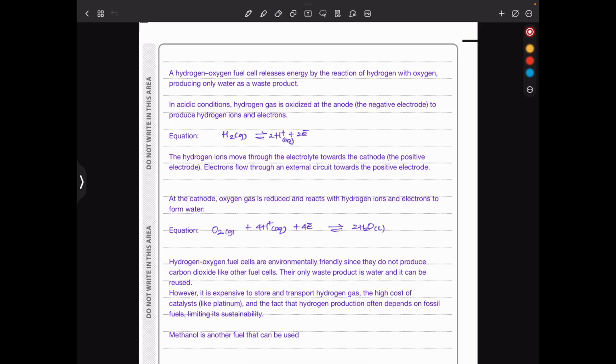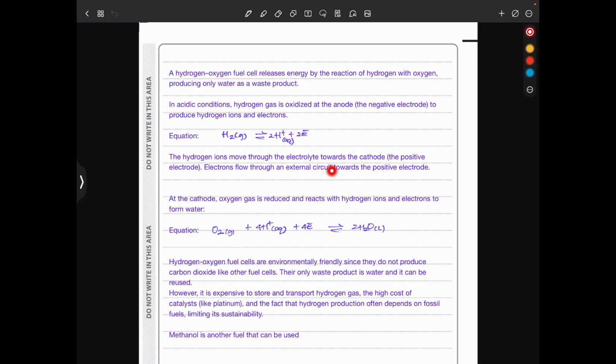So I said, a hydrogen-oxygen fuel cell releases energy by the reaction of hydrogen with oxygen, producing only water as a waste product. In acidic conditions, hydrogen gas is oxidized at the anode, which is the negative electrode, to produce hydrogen ions and electrons. The equation is here. And then the hydrogen ions move through the electrolyte towards the cathode, meaning the positive electrode, and electrons will flow through the external circuit.